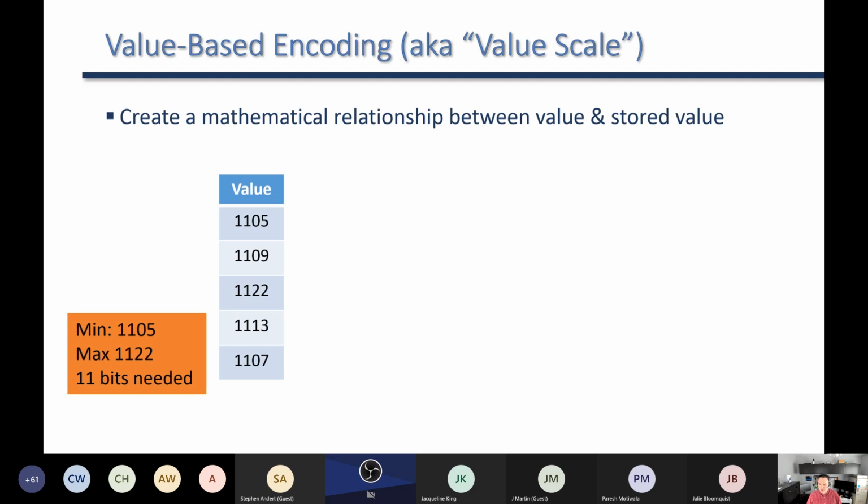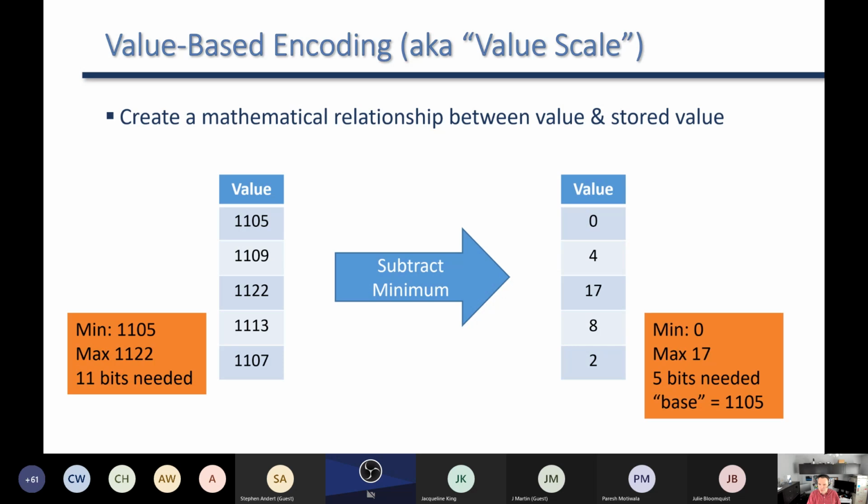We would need 11 bits to store all those values, but if we translate them and subtract the minimum, so we subtract 1105 from all of those, now we go from 0 to 17, and we only need 5 bits to get this value, and our base that we would just add to is 1105. So you just saved a ton of space just because your data is relatively the same.